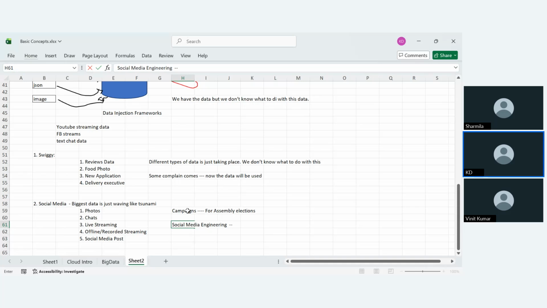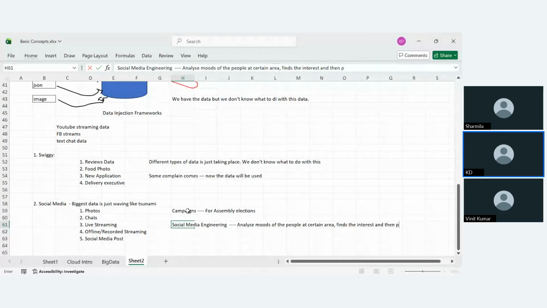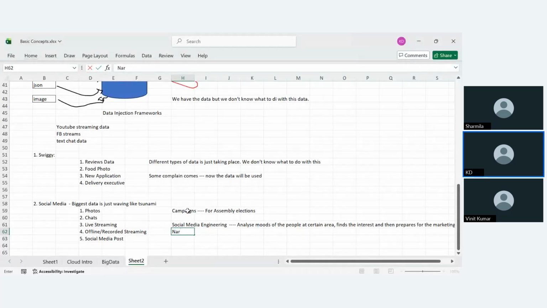This social media engineering analyzes the moods of the people in a certain area, and based on that it finds their interests, and then prepares for the marketing. Based on that, narratives are created and planted.